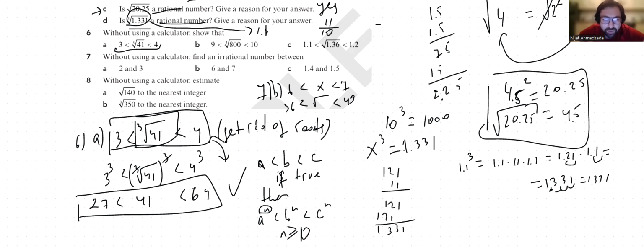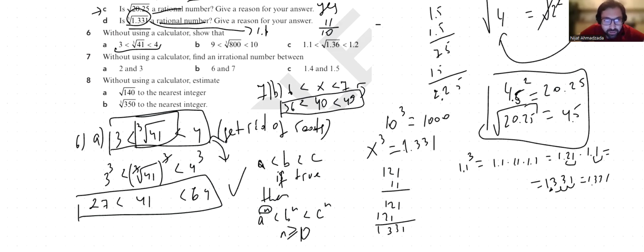So if my number is anything in between 36 and 49 under the root, it works. So let's find a number in between 36 and 49, okay? Let's say 40. If this is true, then this should be true as well, right? Then the square root of 36 should be smaller than the square root of 40, and that should be smaller than the square root of 49.